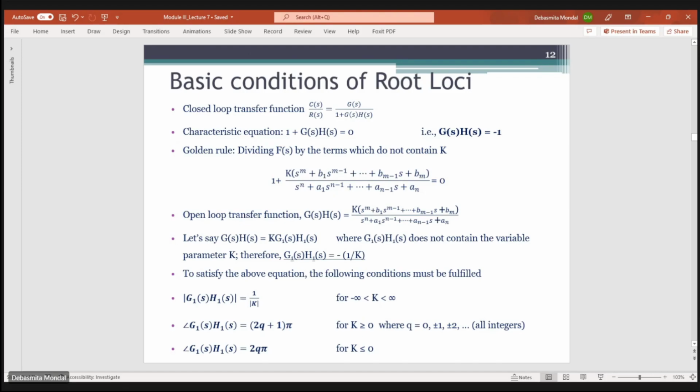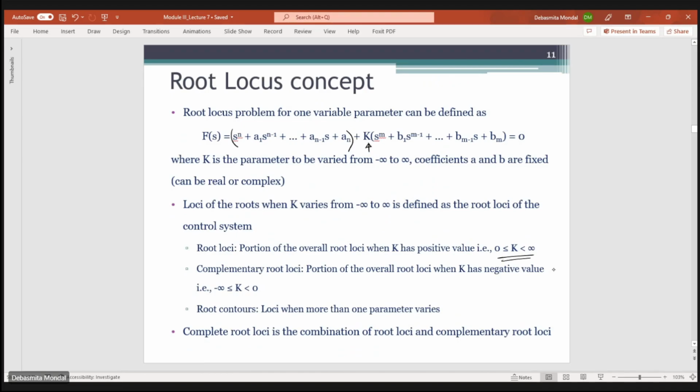Okay, so the first step, or the golden rule, which needs to be followed while drawing this root locus is that the moment you are given a polynomial, you divide that polynomial by the terms which do not contain K. In this polynomial, these terms, s to the power n till an, do not contain the value K associated with them.